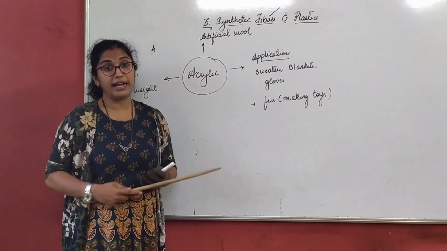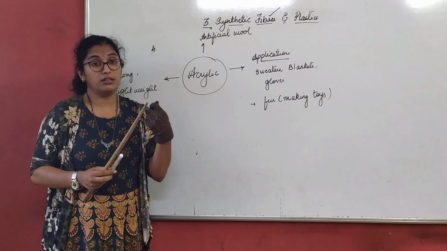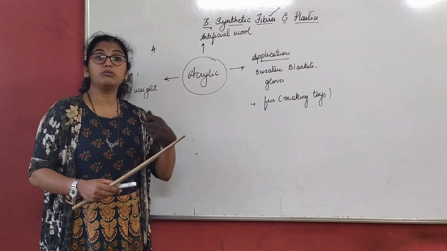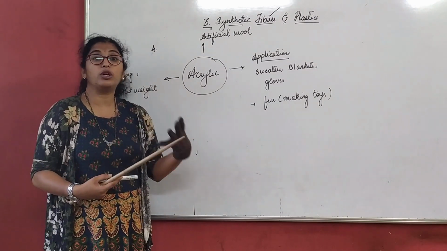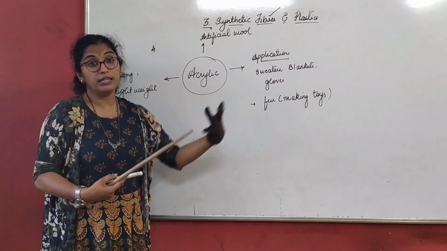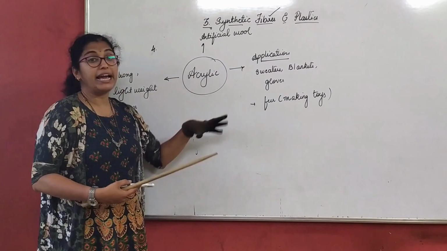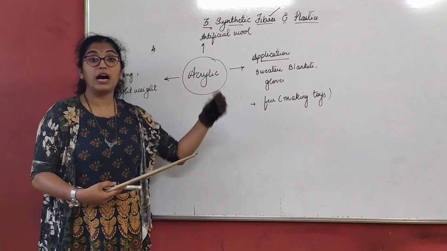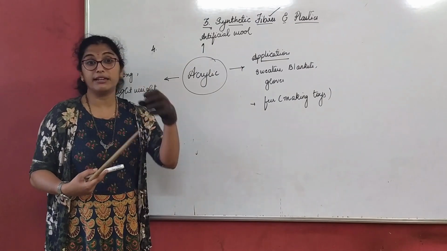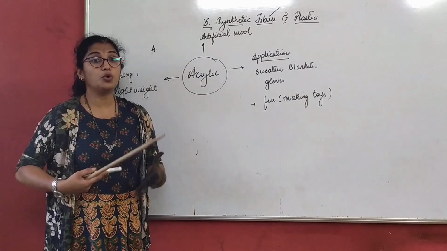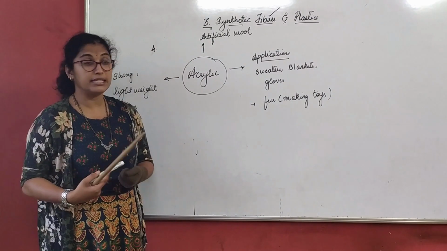When it comes to storage, you need to use naphthalene balls, which are insect repellents, to store woolen clothes. But these acrylic synthetic fibers are moth resistant. That means they do not attract any insects or moths. You can store them easily, you can wash them easily.